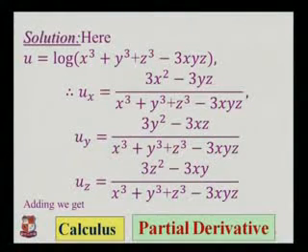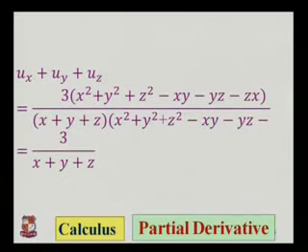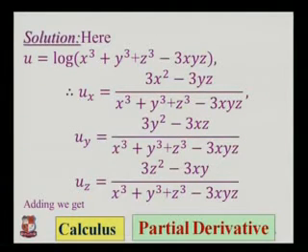So let us see on the screen. First we will take the addition of these three, that is ux plus uy plus uz. We know that all the denominators are the same.